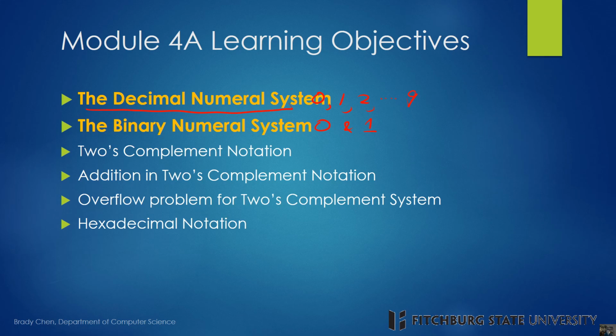The 2's complement notation uses a fixed number of bits to represent both positive and negative values without introducing a positive or negative sign. Typically, when you do addition and subtraction, we introduce a sign, the plus or the minus. But using 2's complement notation, we can eliminate these positive and negative signs.